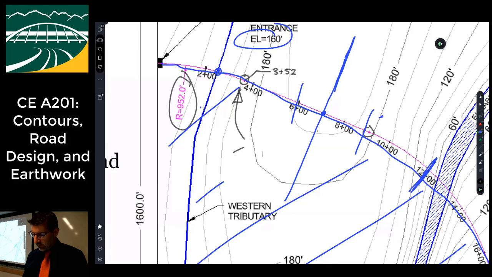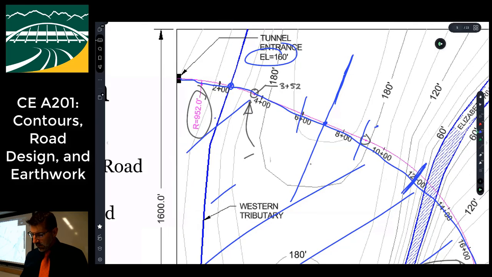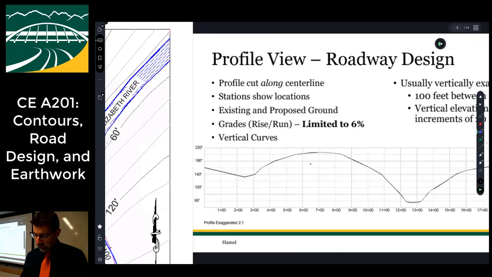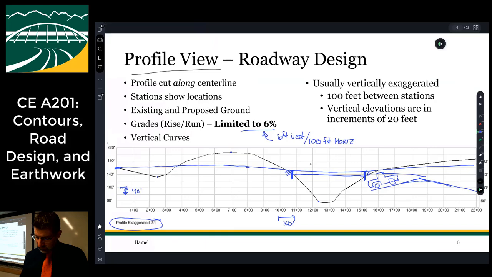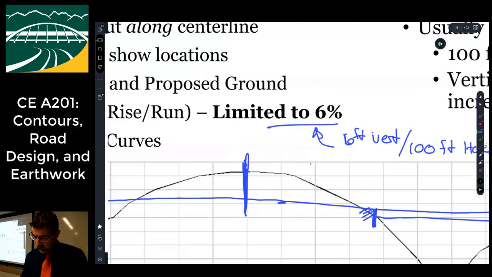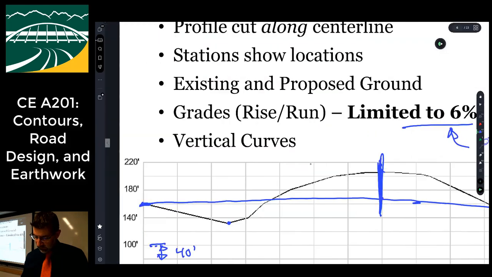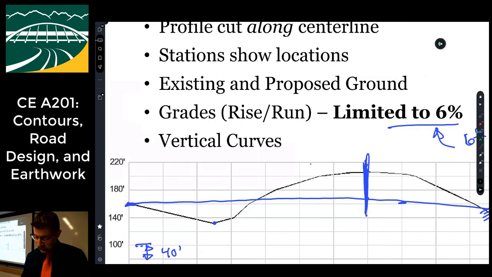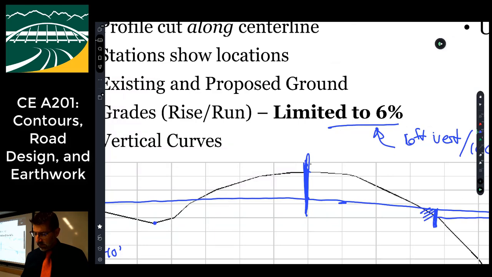So a few feet away from the road is my 200, and then that's probably hundreds of feet from the road is 180. And then if I look at my profile, if I cut a section here, I notice that my proposed road is way down here at about 170, 165, but my existing ground is way up here over 200.